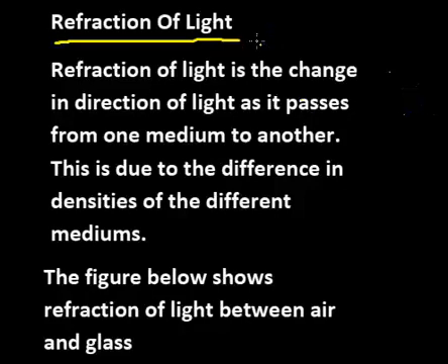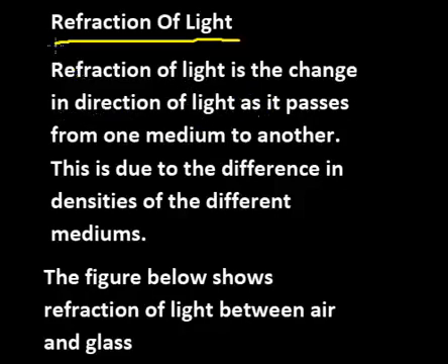That's for the reflection of light. And of course, reflection, refraction, diffraction, polarization, and interference are all properties or characteristics of waves. So now in this tutorial we're going to be looking at refraction of light.